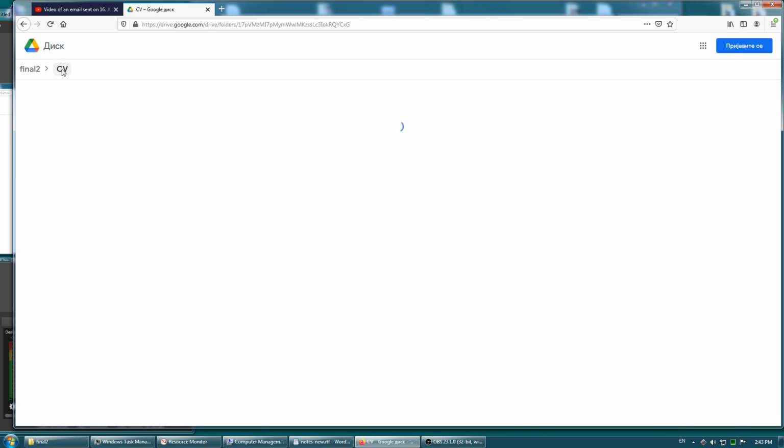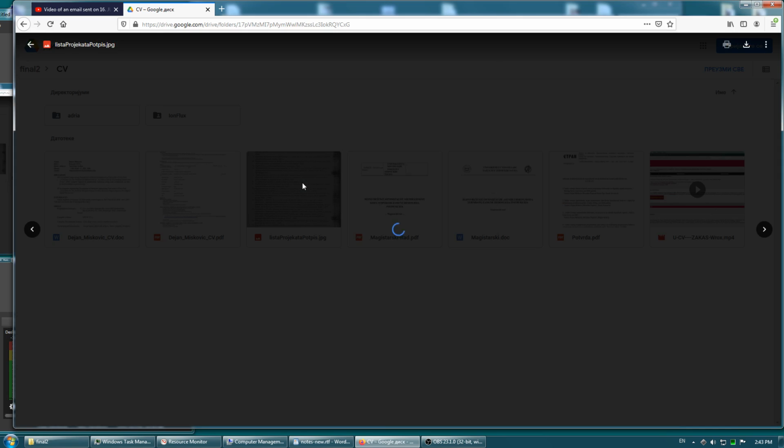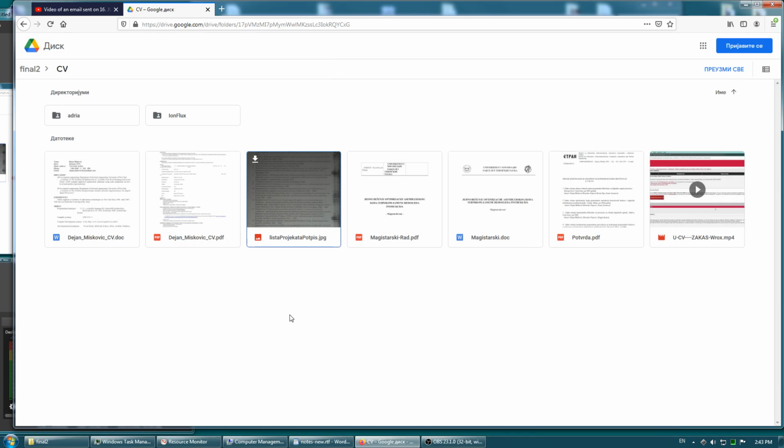I have these two folders because I didn't have a signed paper with those projects I was involved in. So I used the emails from people that hired me. They practically confirmed what I wrote in the description of the project.